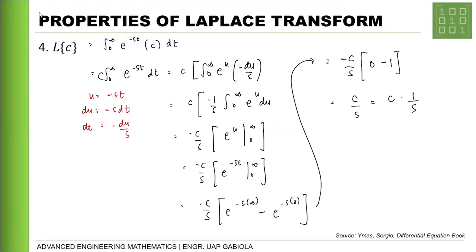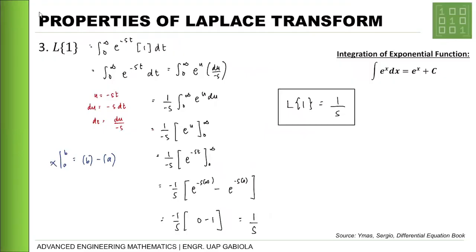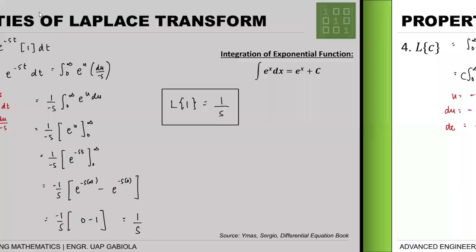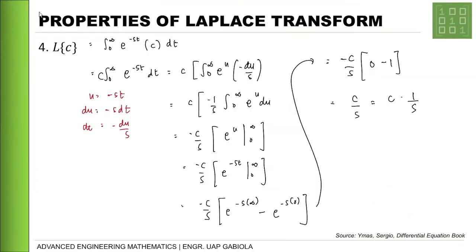And from our previous property, ang 1 over s ay equal sa Laplace ng number 1. So, ibig sabihin, this is also equals to C times Laplace ni 1. Okay?